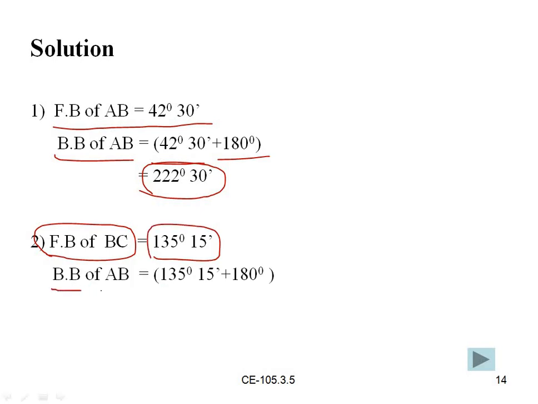So back bearing of BC is equal to 135 degrees 15 minutes plus 180 degrees. So this is equal to 315 degrees 15 minutes. So these are all calculating the back bearings.